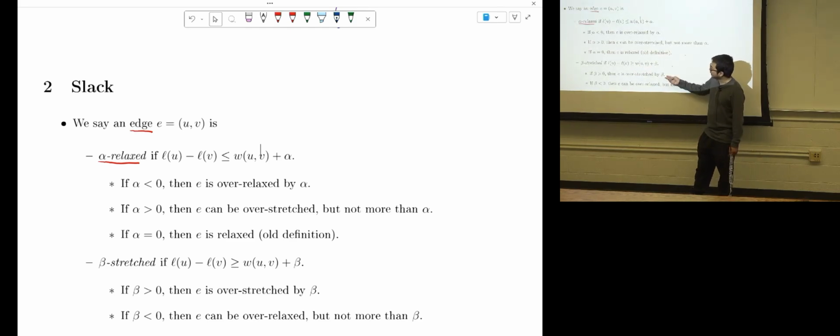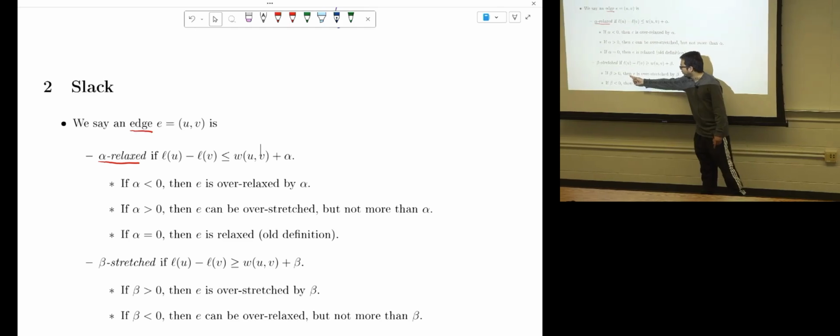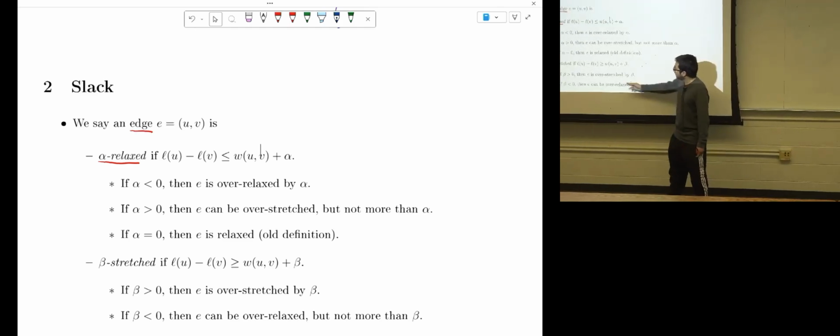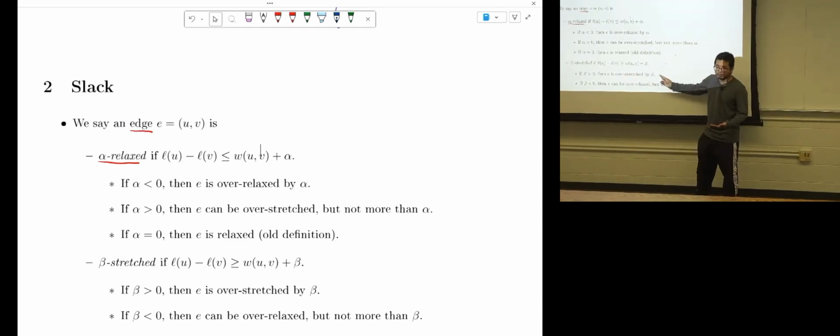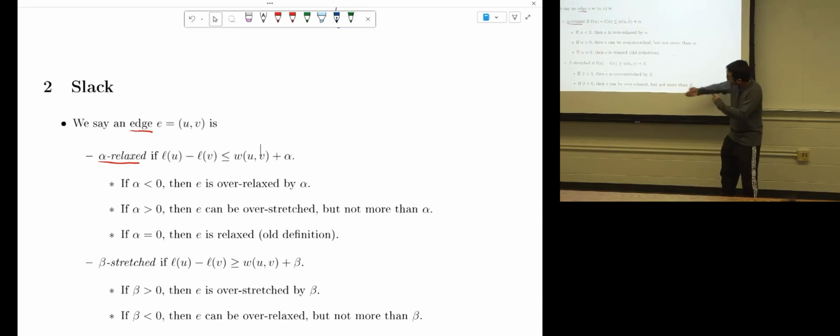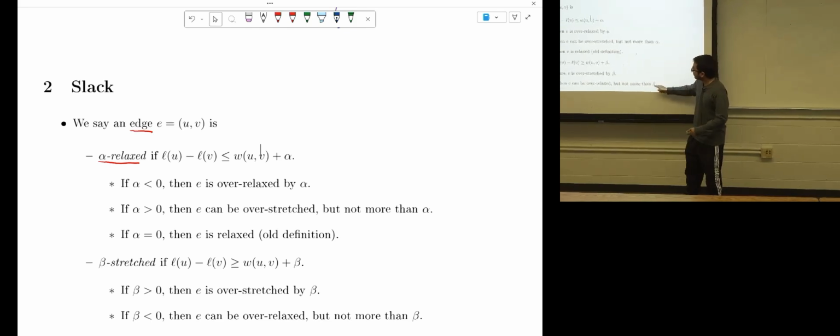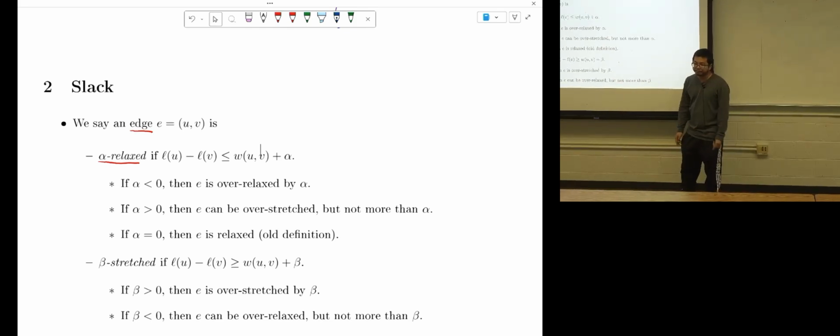If beta is more than 0, it means that E is overstretched by beta, and if beta is less than 0, it means that E can be relaxed a bit, but not by more than beta.